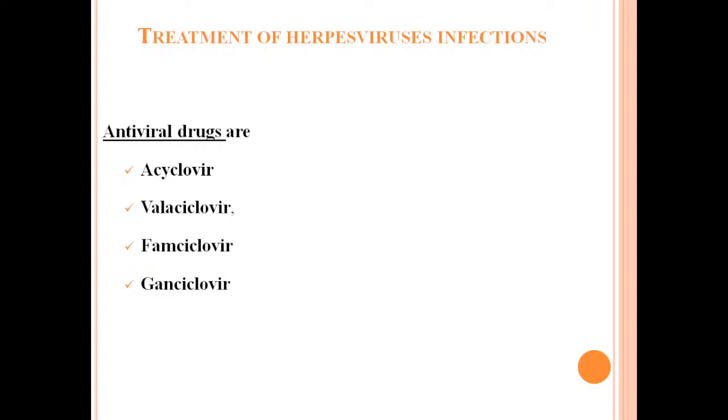They may be in the form of tablets or in the form of ointment that may be placed on the lips, for example. So these drugs inhibit viral replication and stop the infection. Once more, they may be used in the form of tablets or ointment, for example, for treatment of herpes simplex virus type 1 and type 2.